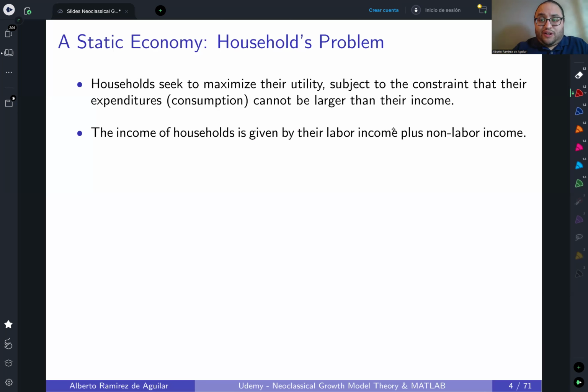So that's what we're going to call labor income. And on the other hand, the households are going to have other sorts of income that we're going to call non-labor income. Now, in the model, that non-labor income will have a specific interpretation, but just for now, you can think of this as, well, households work, but they also own assets.